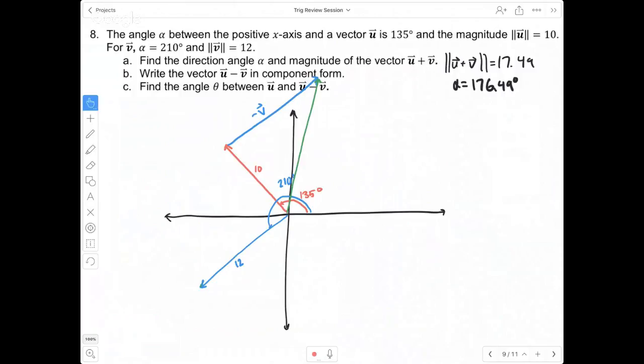But we could have done u minus v just by saying u minus v is the vector that goes from the very end of v to the big end of u. That's also u minus v. Those would go here or there. Those are both ways to visualize u minus v.